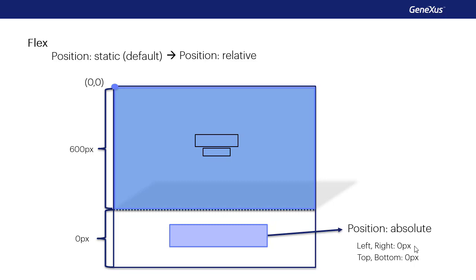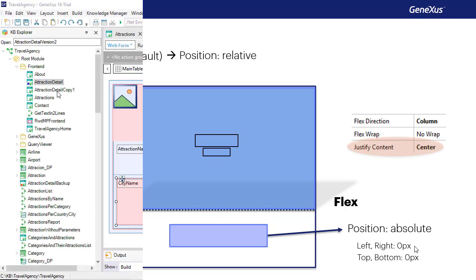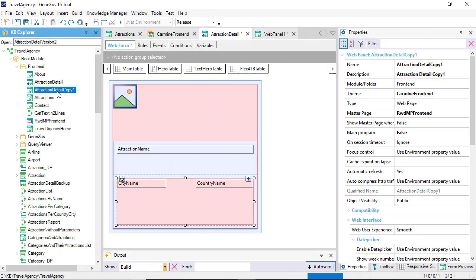To also have the text vertically centered as we see in the image, instead of this way, we'll also have to do something. The best way is to also use a flex for these texts instead of a table. We'll do this with the direction column and justify content center, just like we did in this copy of the web panel.